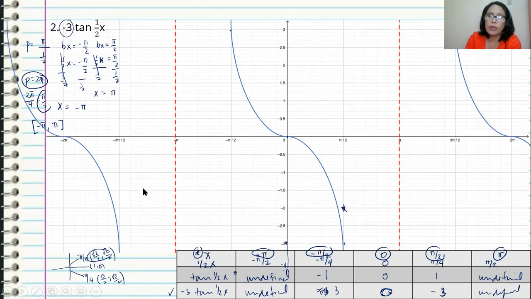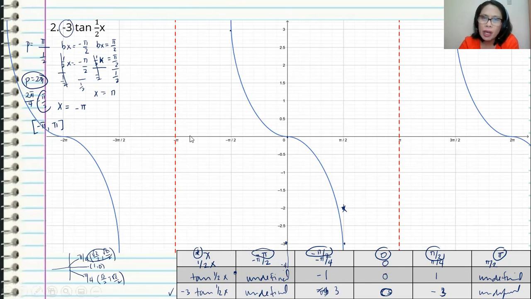Okay. So we will repeat the process, like we will just differ with the x coordinates, but we still come up with the same y values. Now if we're going to compare the graph from the first example, y equals tangent 2x, usually the graph of tangent x is increasing from left to right. So with the first example, it's increasing.